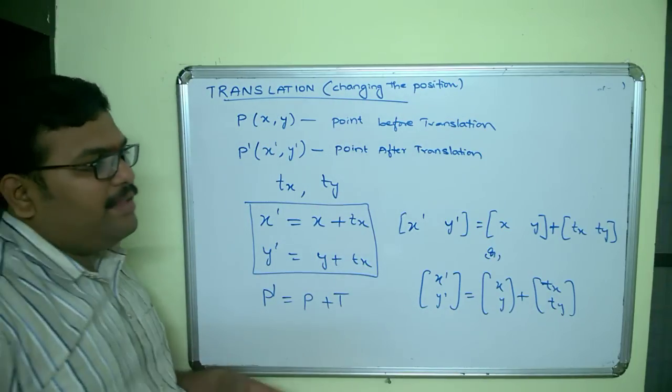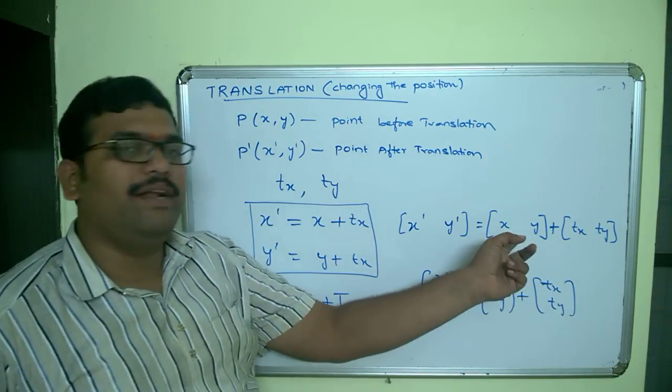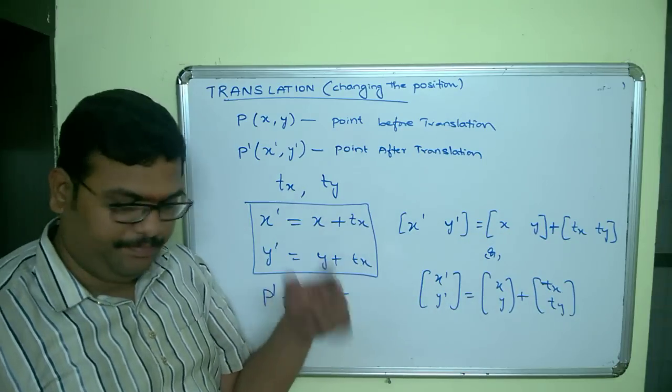Simply adding the translation parameters to the old coordinates, we will get the new coordinates.